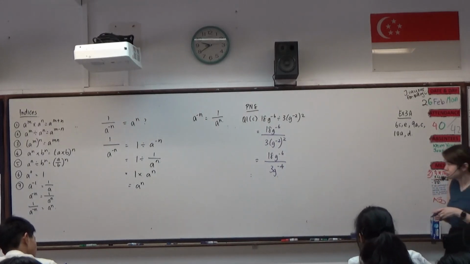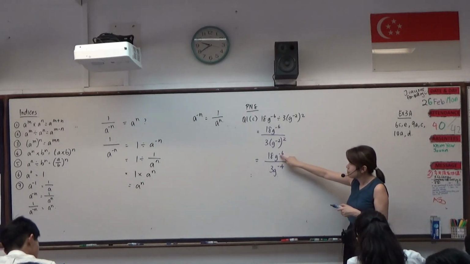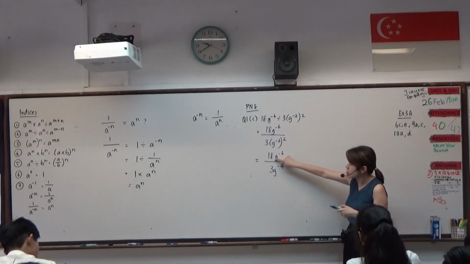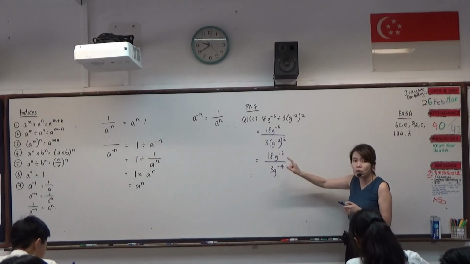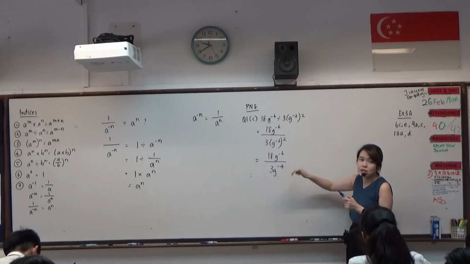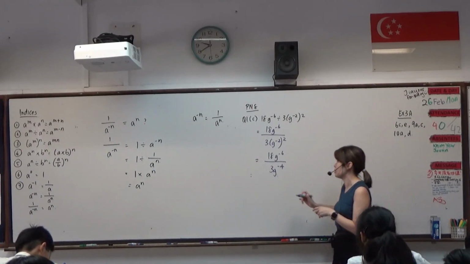Then, keeping in mind that the negative 6 is only for this g, and this negative 4 is only for this g, so only the g is the one that moves.